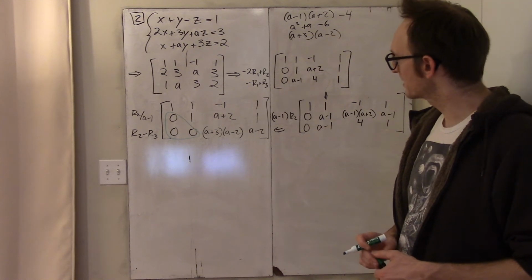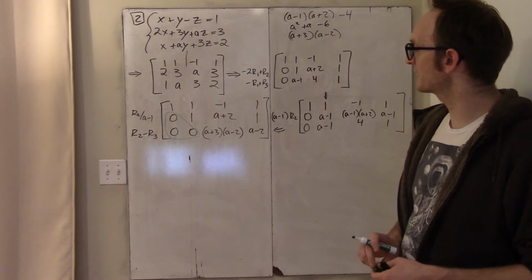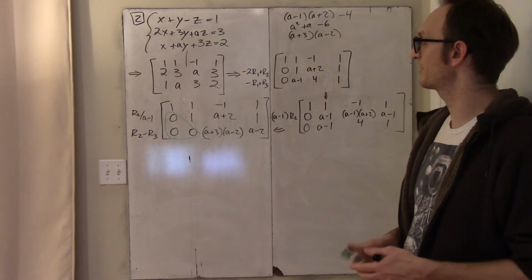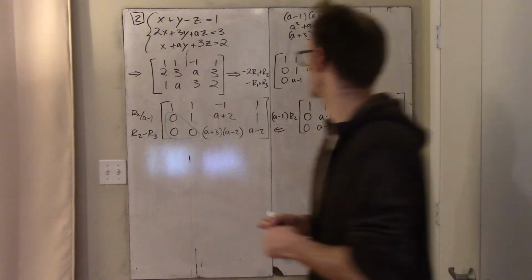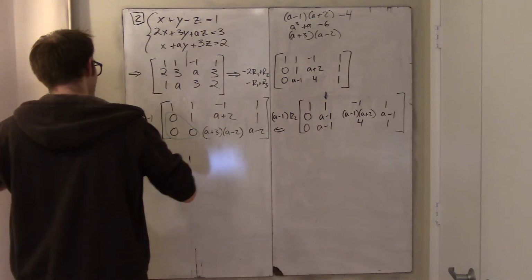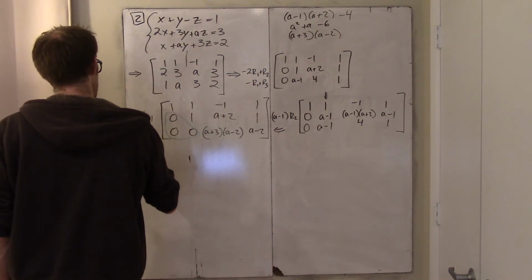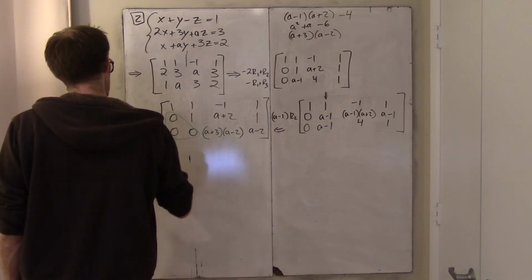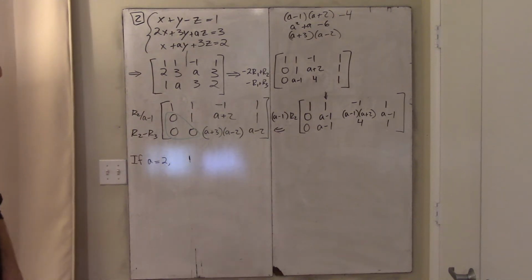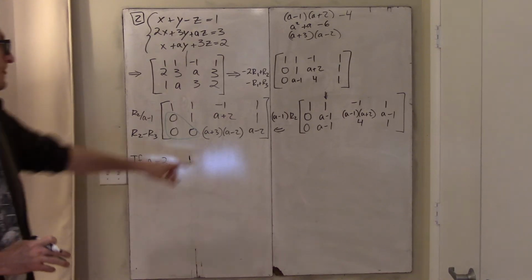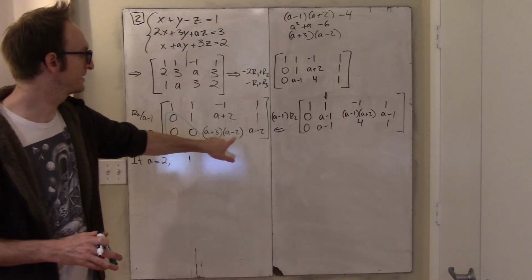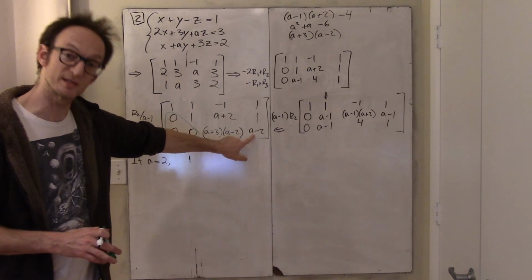Okay, and now it's time to start thinking about what we have here. What's one observation? Well, one immediate observation is, if a is 2, then I'm ready to say something. In the case where a is 2, this is a 0 and this is a 0.